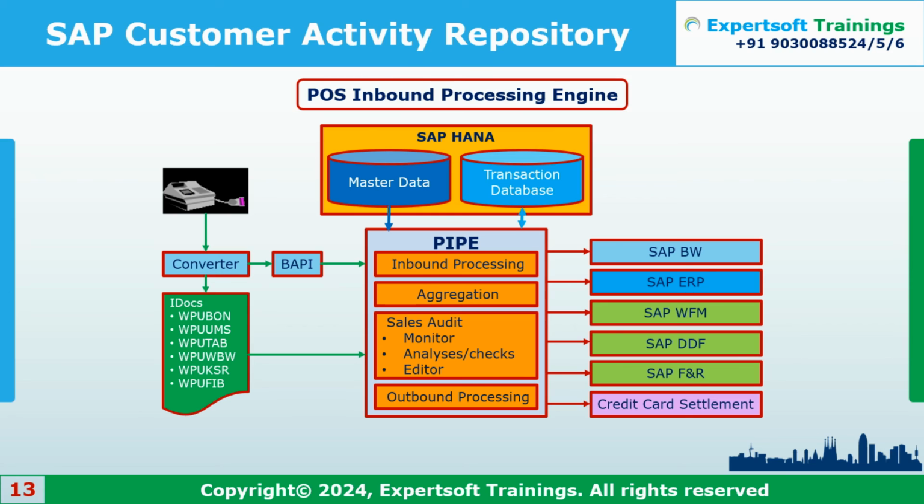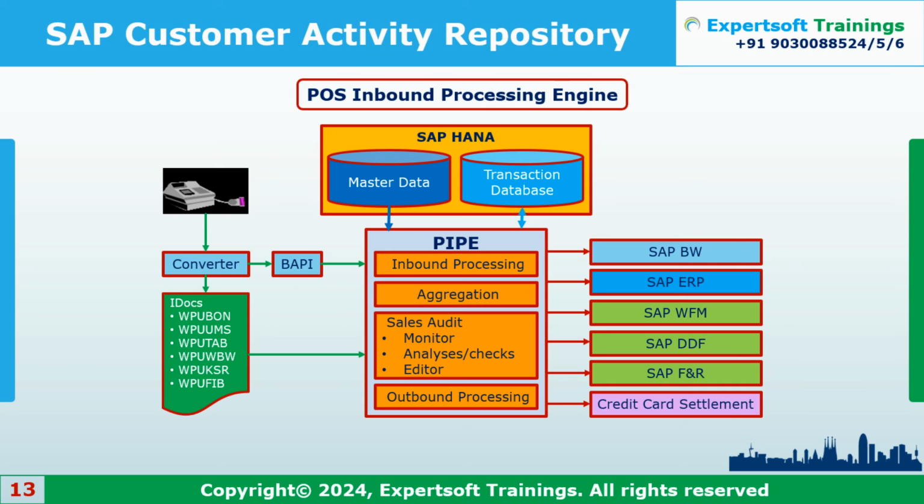That concept they kept: when the data comes from POS, it doesn't immediately come and sit in the database. What they do is put it in the pipe, and then there are some additional transactions which run within CAR to get that into the database. It is just to manage the load because we are dealing with a high volume of data within CAR.